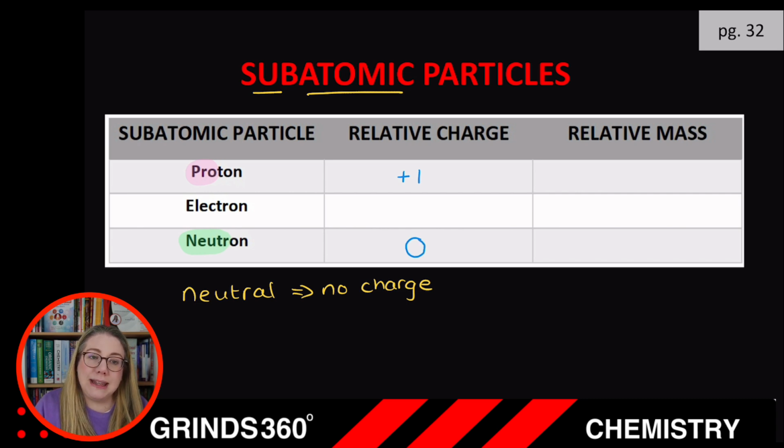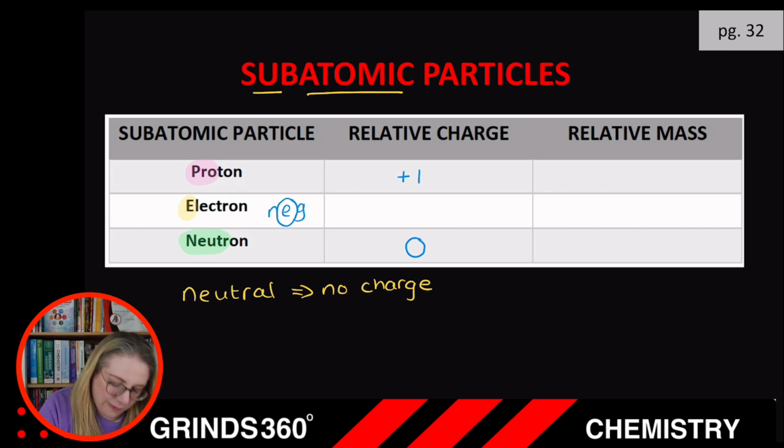Now, looking at the electron, this is the one that most people find the most difficult. Well, we know which one is +1 and we know which one is 0. The electron has to be -1. Now, I've heard students do this in different ways. So some people do it as the E at the start of electron. That would be like writing the word negative.